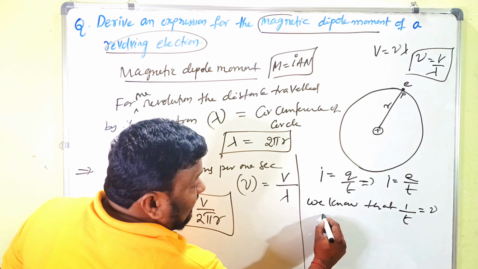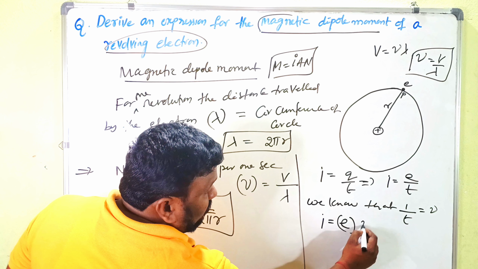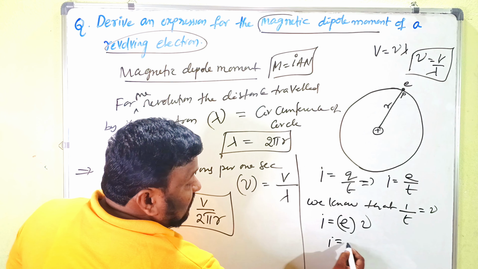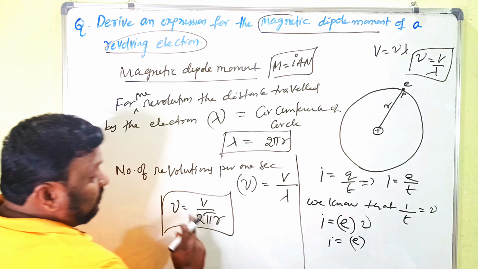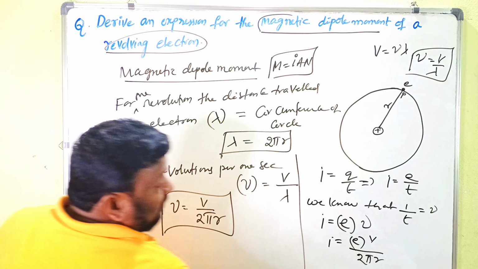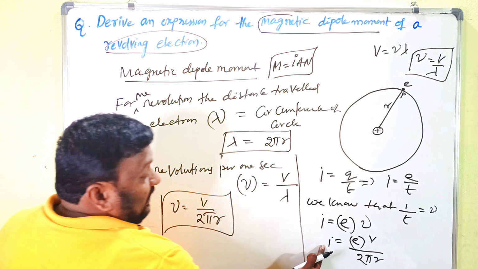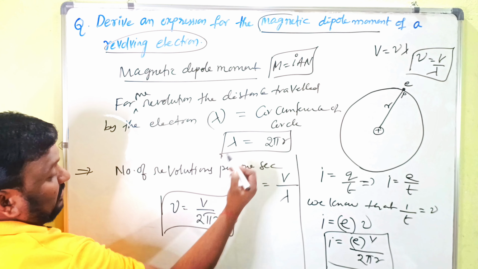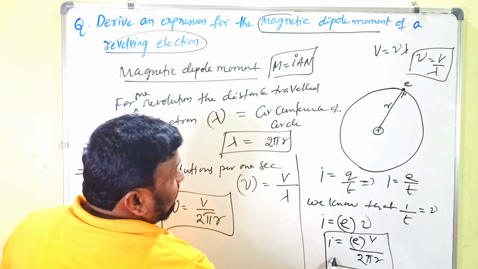That's why we write I is equal to E into nu, then I is equal to E V by 2 pi r. So this is the wavelength, this is the frequency, and this is the current.